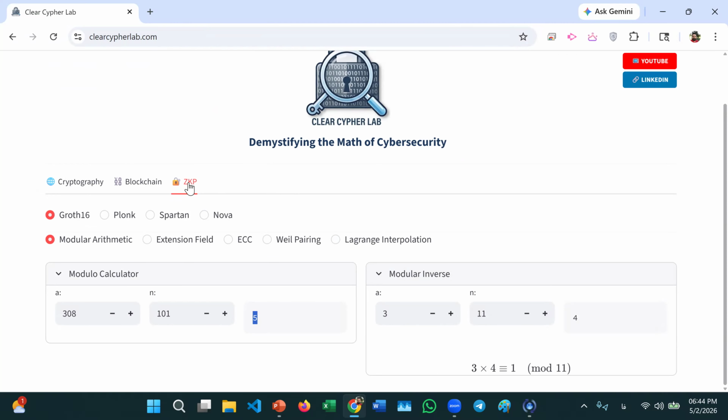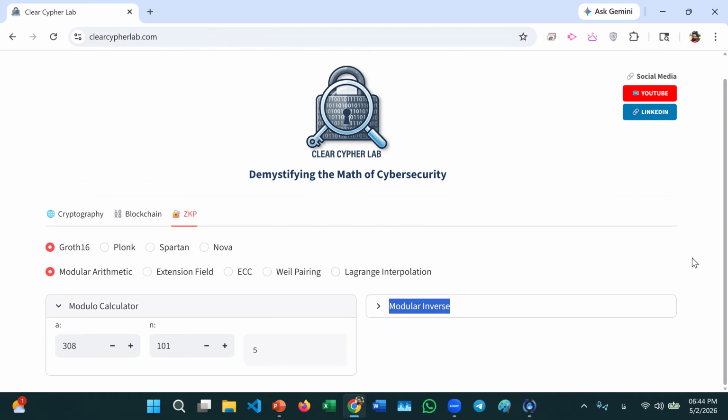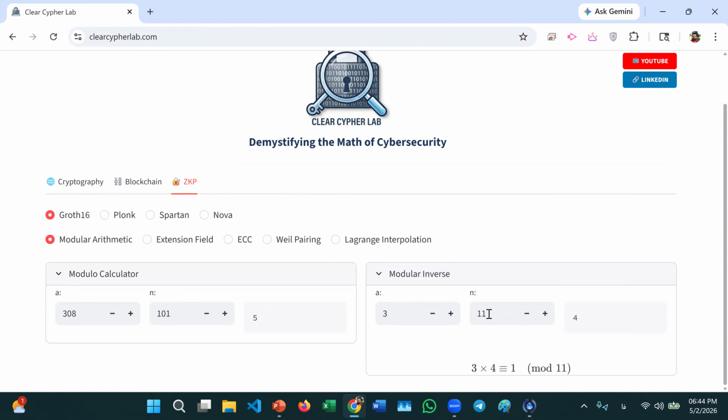In the section ZKP and Groth16 and modular arithmetic, you have a modular inverse here. You can enter the mod value here. Let's put 101, and let's see for 34 whether the inverse equals 3 or not. Yes, the inverse of 34 equals 3.